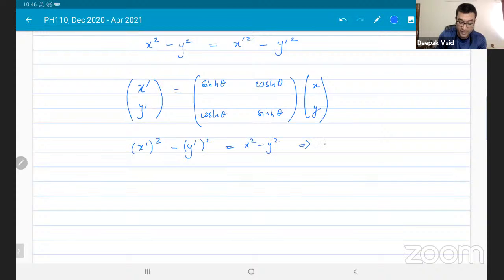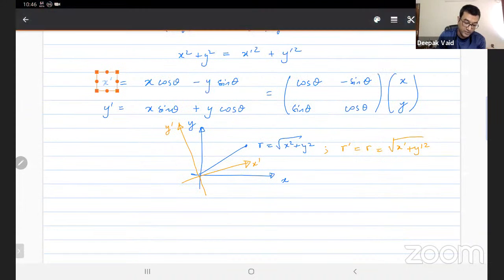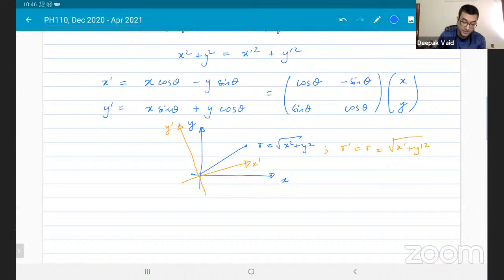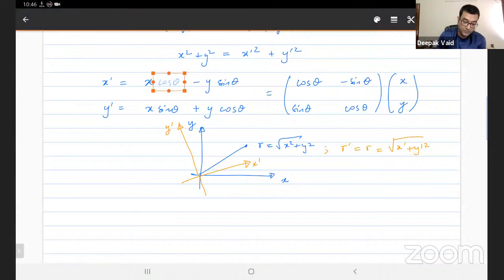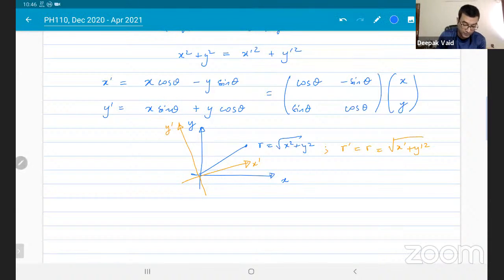And this comes from the fact that when you work out this algebra, you will get this expression cosh squared minus sinh squared, and then you would use the identity that this is 1. The same way, when you look at x prime squared plus y prime squared, you would get a term which involves cosine squared plus sine squared. So here you would be using the identity that cosine squared plus sine squared is equal to 1, right?